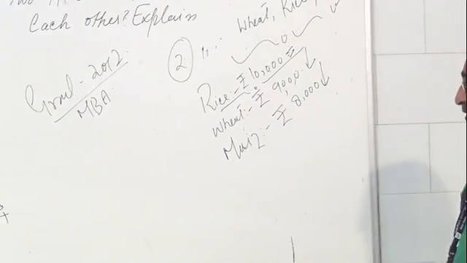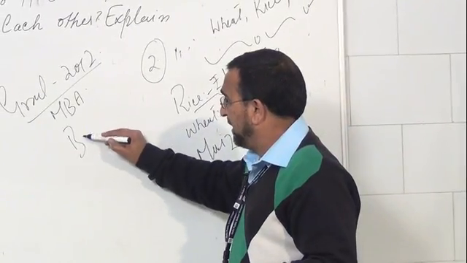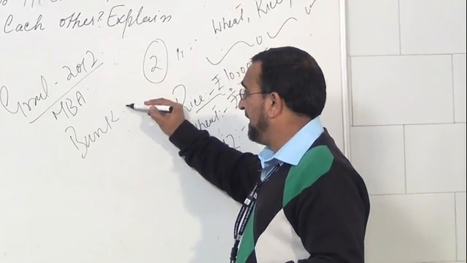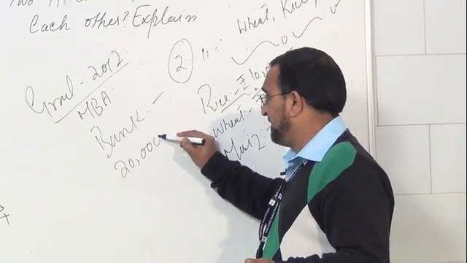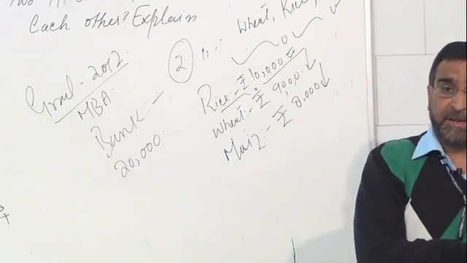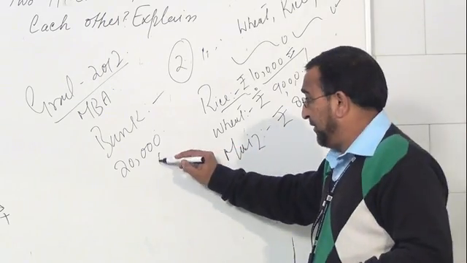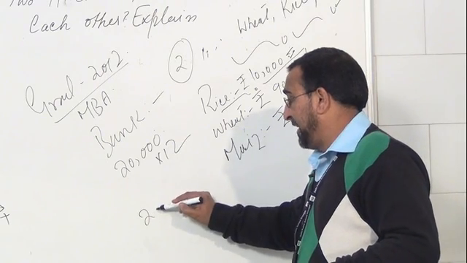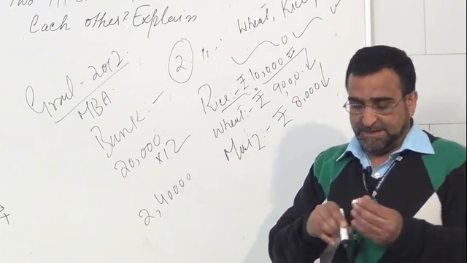Now he has got a job in a commercial bank, and he is getting rupees 20,000 per month as salary. That means per year, multiplied by 12, he will get 2,40,000 rupees per year.